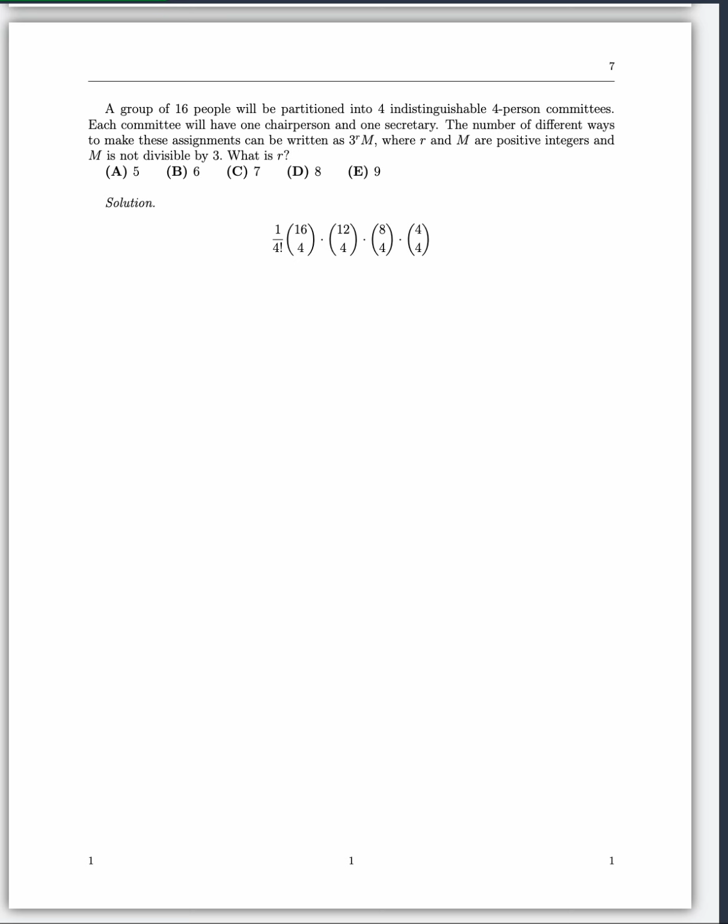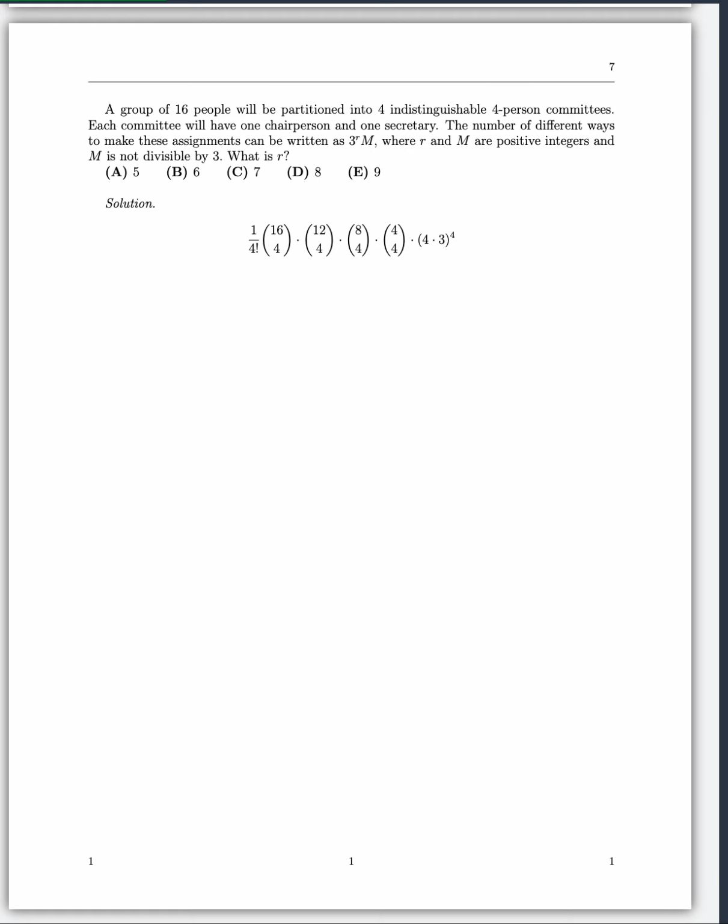But now you have to multiply by the number of ways you can choose 1 chairperson and 1 secretary for each of these committees, of which there are a total of 4, so that's 4 times 3 to the 4th.